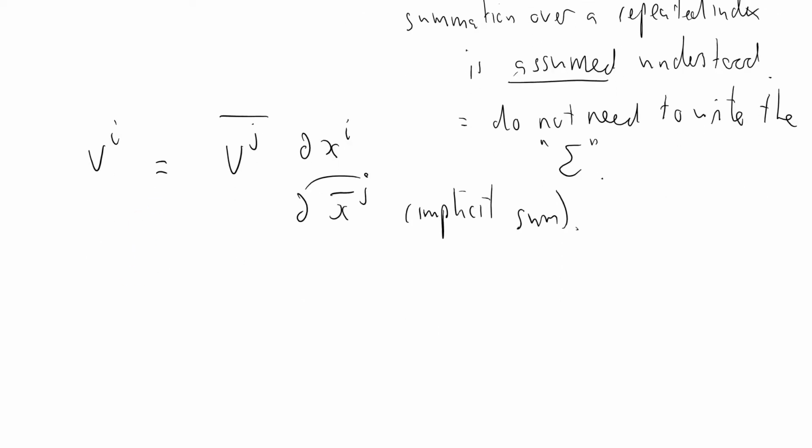There's a little rider on this: when you have a repeated index, you've got to have one in the up position and one in the down position. It counts as a down position because it's on the denominator. That's a superscript and that's a subscript. You always sum a superscript with a subscript.